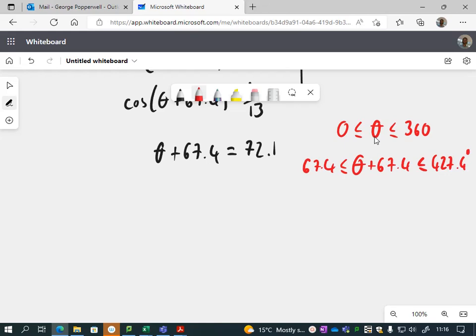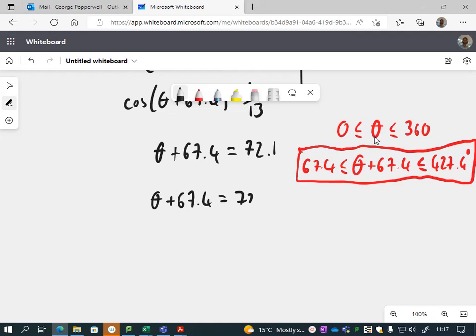So I'm going to find all my answers in this range, and then subtract 67.4 off each one. 72.1 is in that range straight away, so that's one solution. Another solution is going to be, I'm just going to write this again down here.